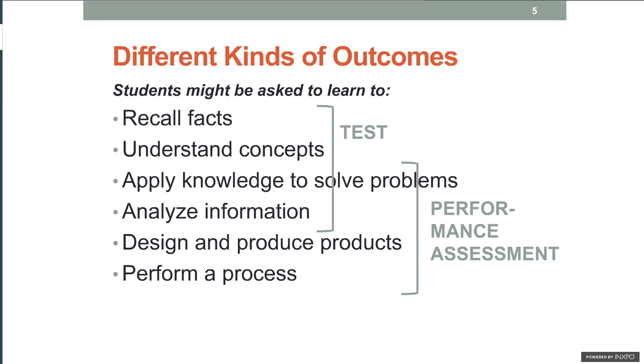And decide which of them would be best assessed with a test and which of them would best be assessed with performance assessment. If you have students who need to recall facts or understand concepts, the most efficient and effective way to assess those things is with test questions, whether they're selected response or constructed response.